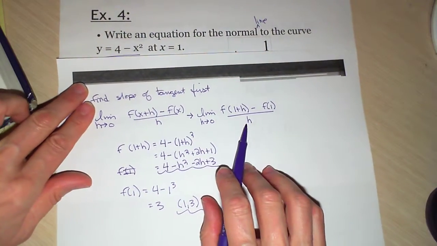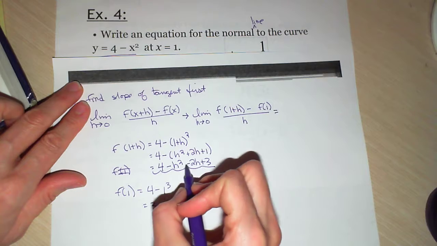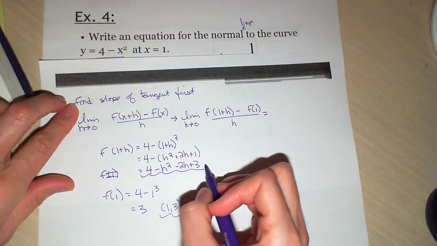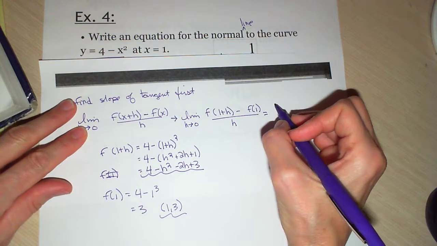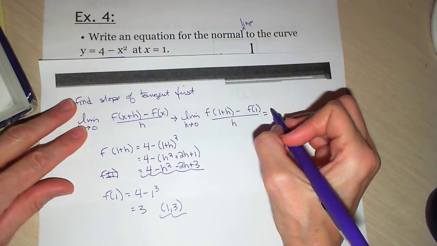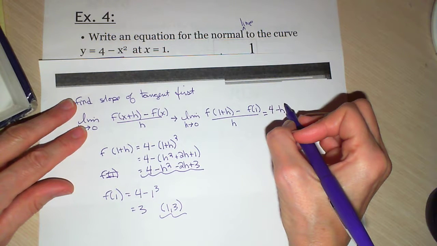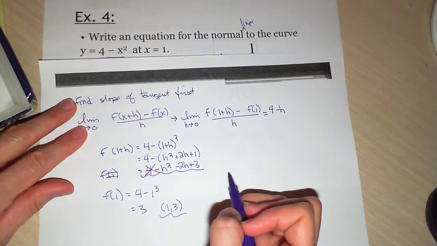Now let's substitute this and this into this function. f of 1 plus h, we decided, was all of this. So that would be... oh, this 4 should be gone. I combined it with that 1.